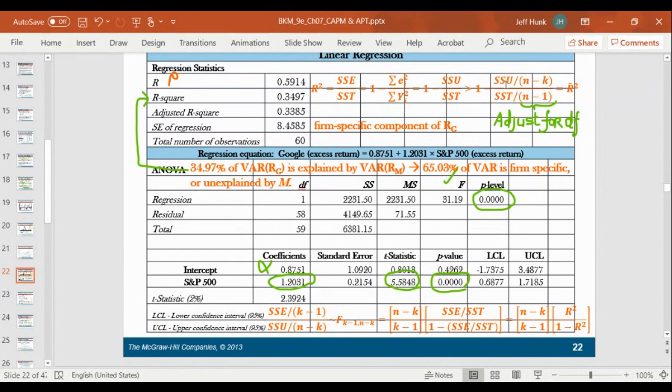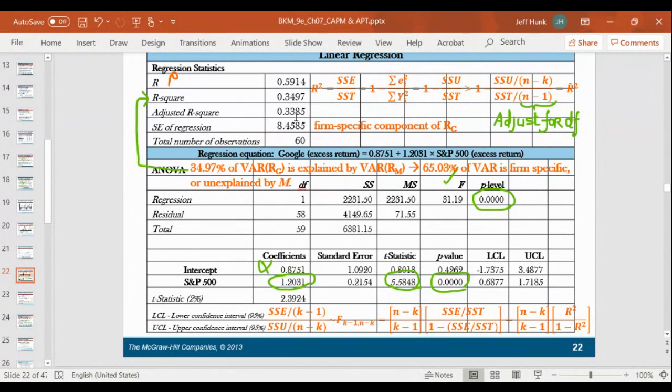That adjustment is being made to the unexplained sum of squares, and the result of this is called adjusted R square. Actually, adjusted R square tends to be smaller than just regular R square.